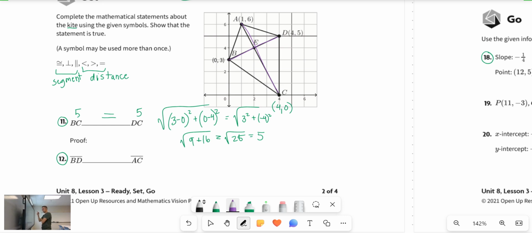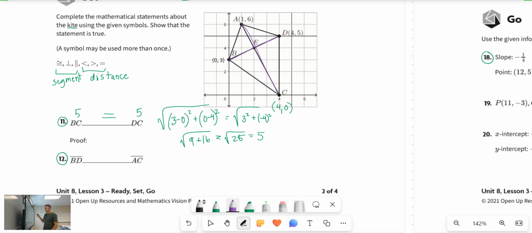Well, segment BD, if we're looking at segments, are they congruent? It looks to me like one is longer than the other. So I think it would be wise to look at perpendicular versus parallel. Now, they don't look like they're parallel, so I'm going to check perpendicular first.